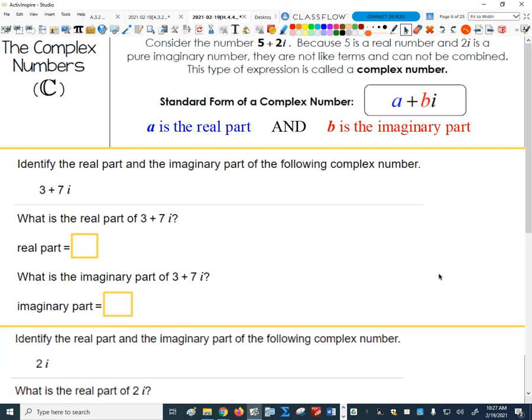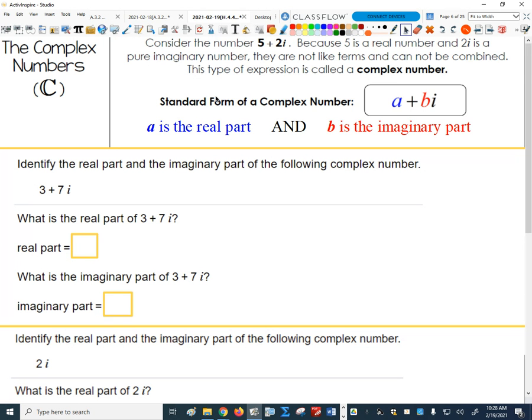Earlier in the year, we broke down the set of real numbers into rationals and irrationals, and then the rationals we could break down into integers and whole numbers and natural numbers, right? But the entire set of real numbers are really a subset of this larger set of complex numbers.